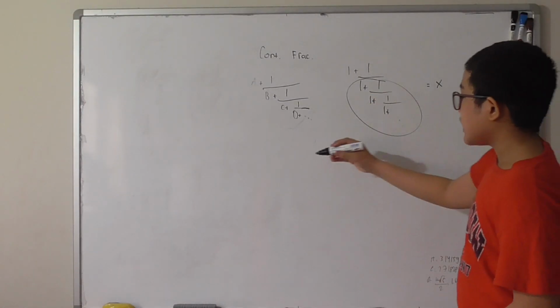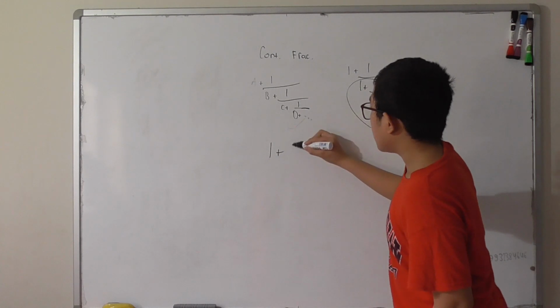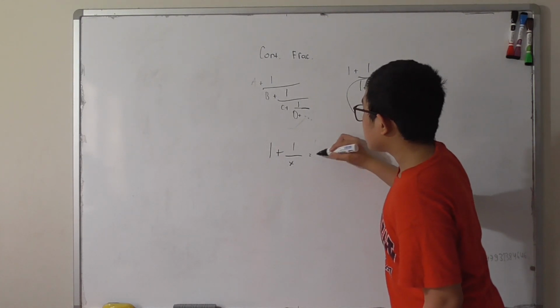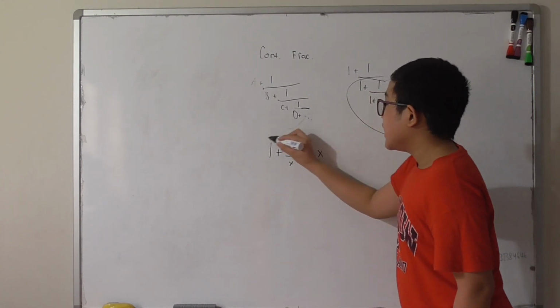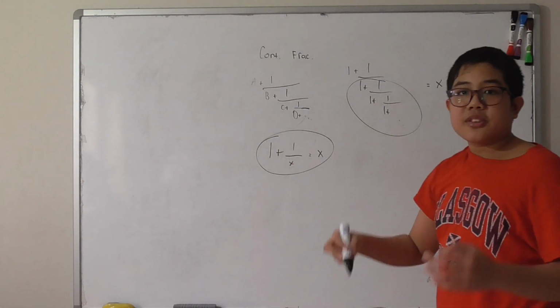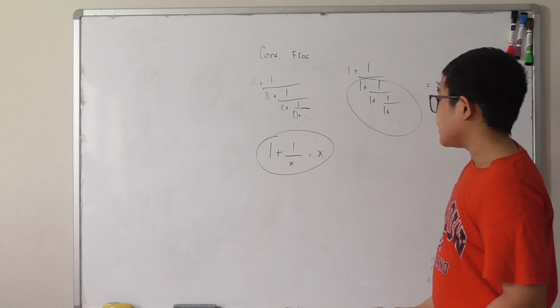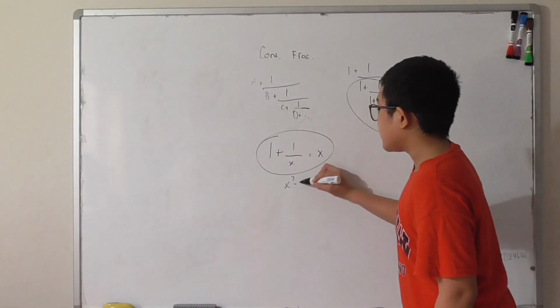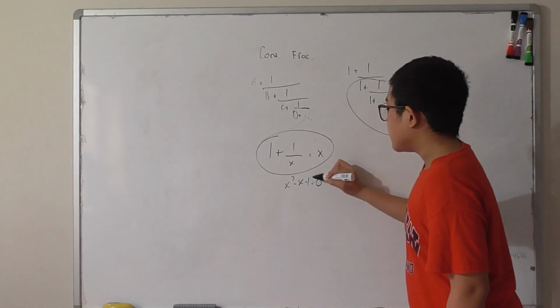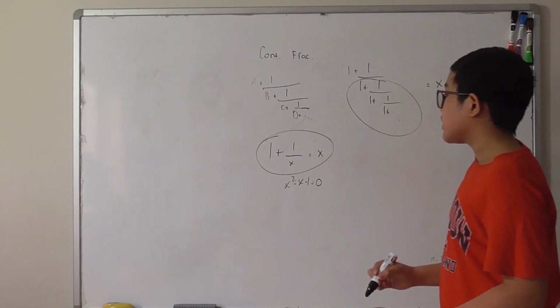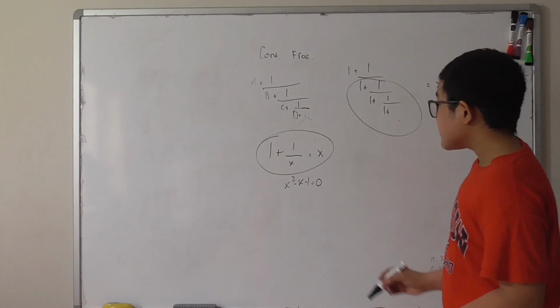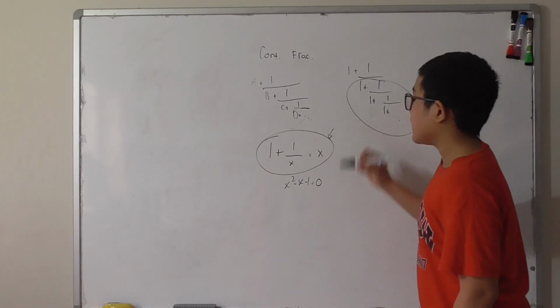So we can write this as 1 plus 1 over x is equal to x. And there we go. That's the equation that we've tackled before, the one with phi at the first part of the video, in which x squared minus x minus 1 is equal to 0. You can try to solve it again using the quadratic formula, but this is basically the value for phi.